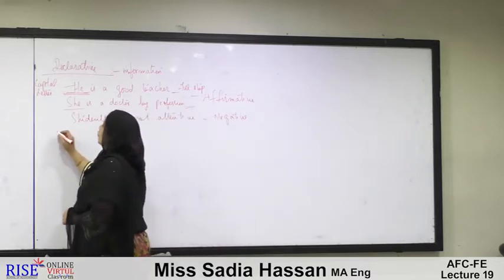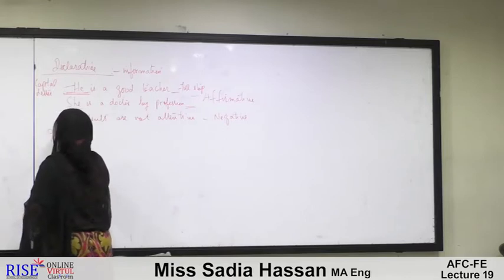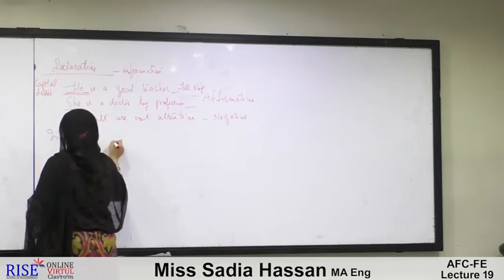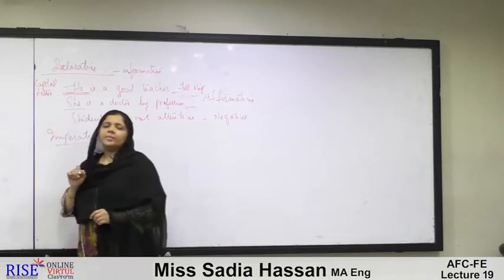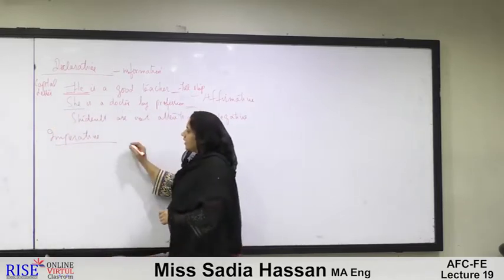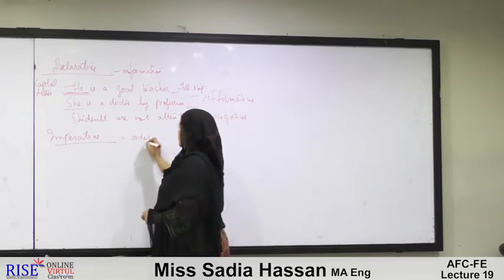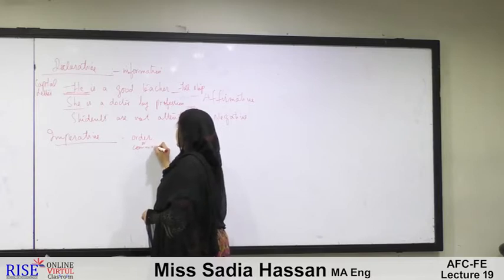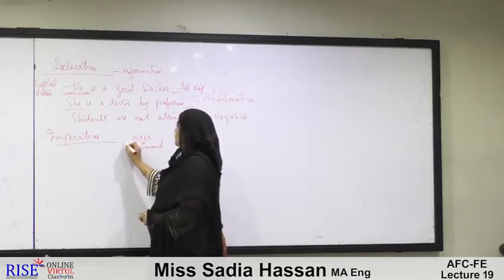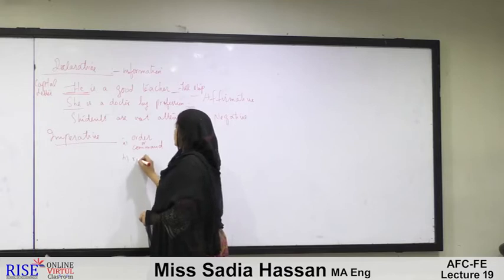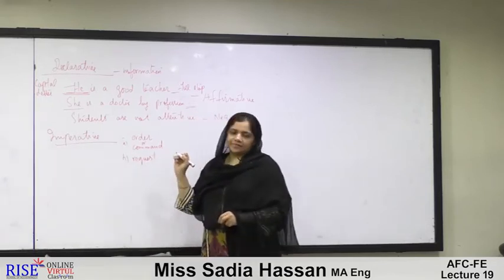Now we move on to the imperative sentence. What do we mean by imperative sentence? Whenever a sentence discloses an order, command, which mean the same, or request, that is called an imperative sentence.